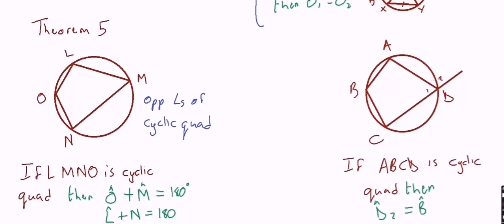Then it means B and D2 are also equal to one another. This, we said, is going to be theorem 6.